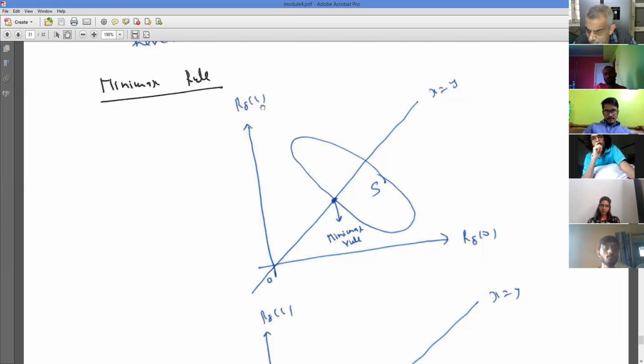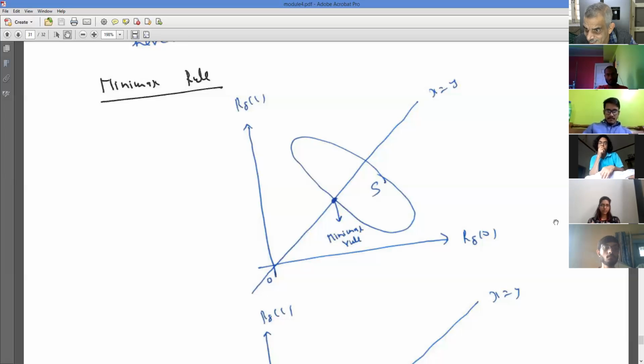So Bayes risk is of the type Px plus 1 minus P times Y. I look at the line Px plus 1 minus Py equal to C, some constant as you vary x and y. P is fixed. So for a fixed P, when my prior is fixed, I look at Px plus 1 minus Py equal to C and try to see what is the smallest possible C.